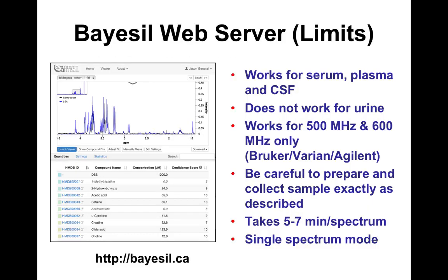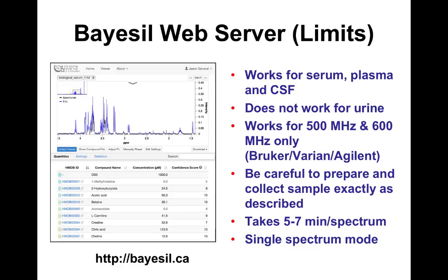So it doesn't work for everything. It's for relatively simple biofluids. More complicated ones like urine, it just can't handle. It's currently limited to 500 and 600 megahertz instruments for NMR. That's a measure of the magnetic strength. Many people who use the online version don't read any of the instructions, and so they'll collect their NMR spectra completely the wrong way, or on completely the wrong fluids, or completely the wrong spectrometer strength, and then they'll try and fit, and they'll evidently complain bitterly afterwards.